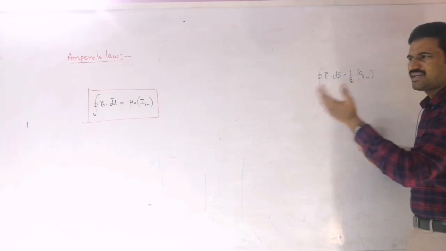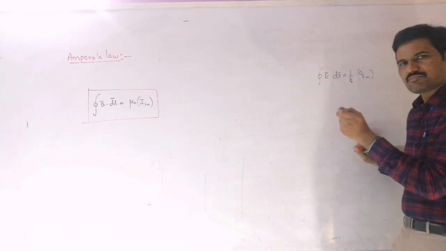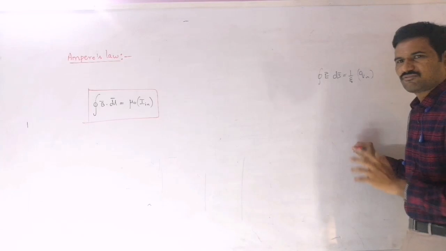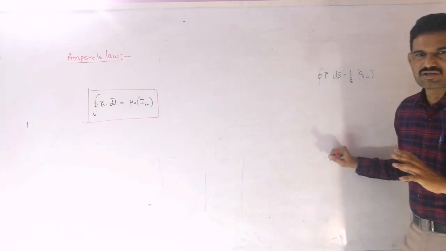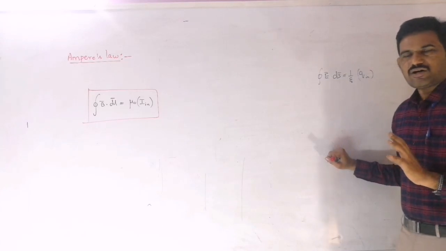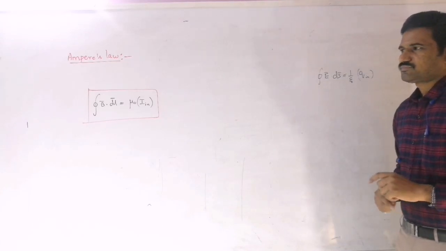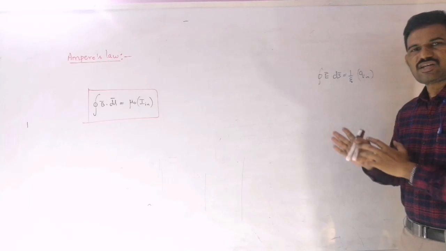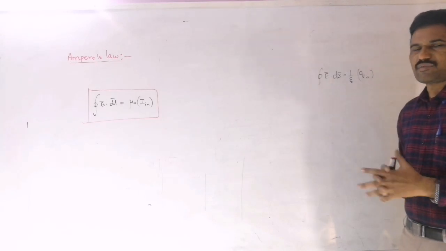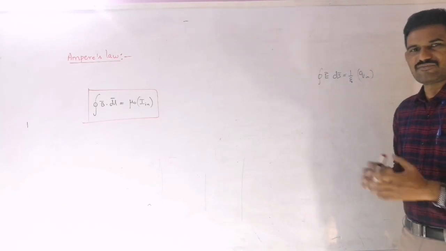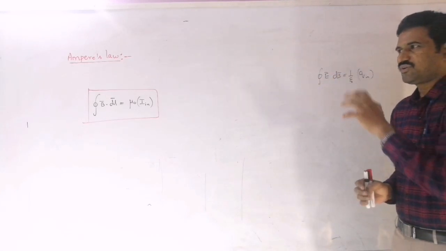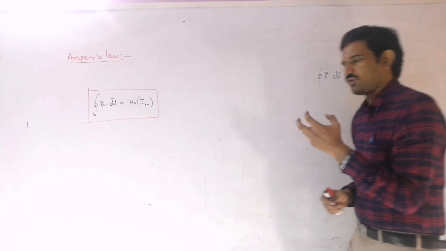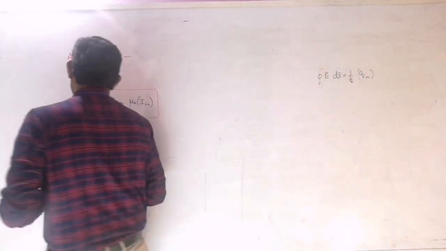But here there is no particular name for the integral of B bar dot dl bar. We just say it is a line integral of B bar dot dl bar. Magnetic flux does exist, but its definition is different, B bar dot ds bar. So there is no particular name for B bar dot dl bar, and we just call it the line integral of B bar dot dl bar.